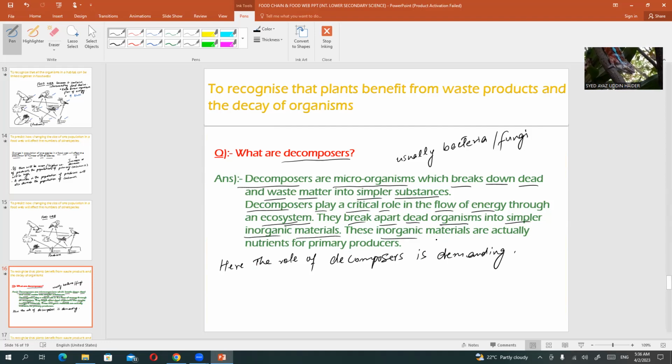Now, these inorganic materials are actually nutrients for primary producers.